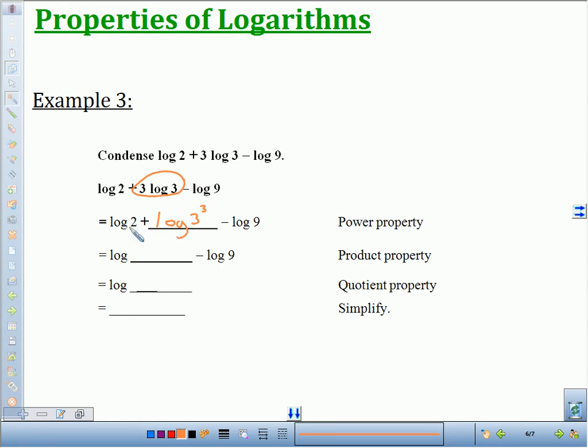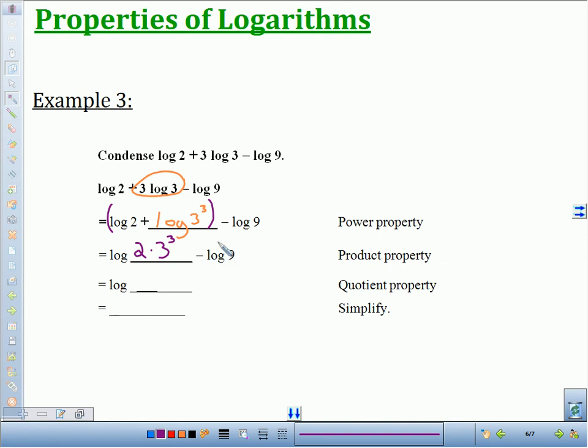We are going to use the product property next to combine these two guys. As you can see, I've got log of 2 plus log of 3 to the third. The product property says I can combine them with multiplication because I'm adding them. That gives me log of 2 times 3 to the third.